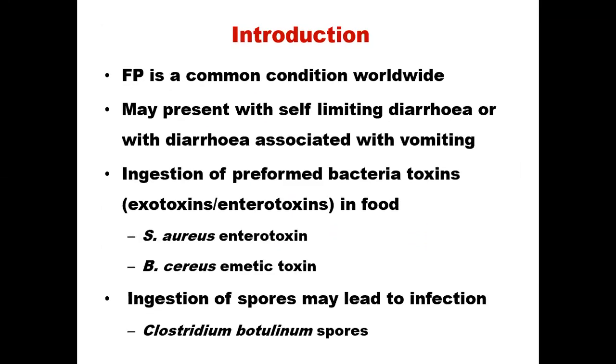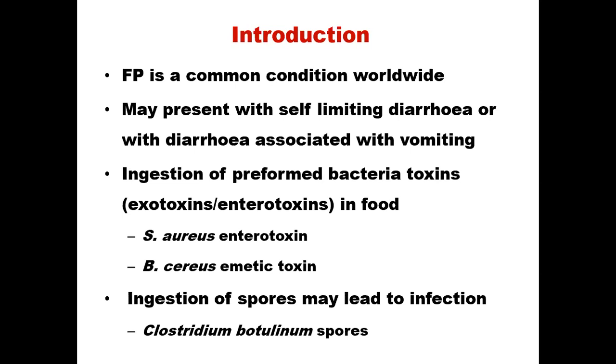Let's start. Food poisoning is a common condition worldwide. It may present with self-limiting diarrhea, or you may have diarrhea with associated vomiting. Most of the time, the basic mechanism responsible for food poisoning is the ingestion of preformed bacterial toxins. These may be exotoxins or enterotoxins, which are already present in the food.